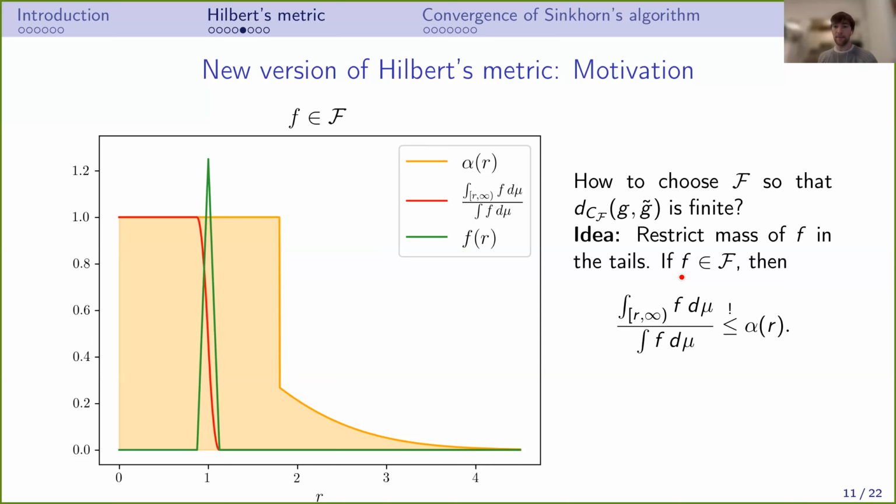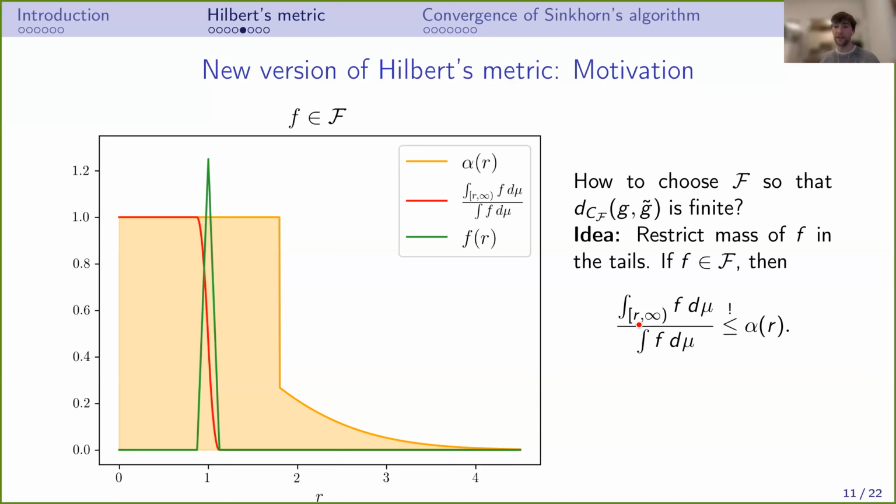So if f is a feasible test function, then we require that the integral of f in the tails, so outside of the interval 0 to r, only on the interval r to infinity, divided by the integral of f on the whole positive real line, has to be bounded by some predefined factor alpha of r.